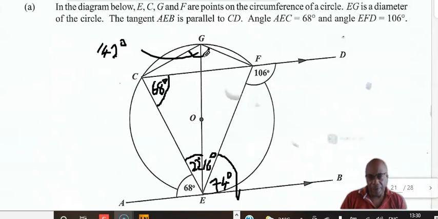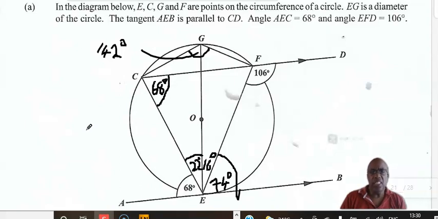Angle CGF is the opposite angle in the cyclic quadrilateral to angle CEF, which is 38 degrees. So this angle here is 180 minus 38, which is 142 degrees. And that's it for that question.